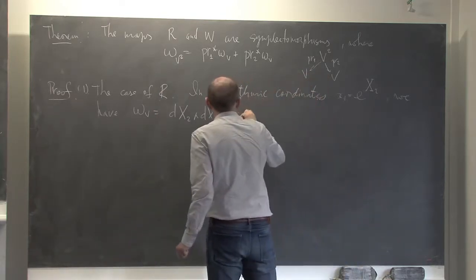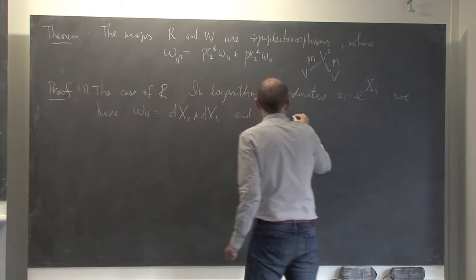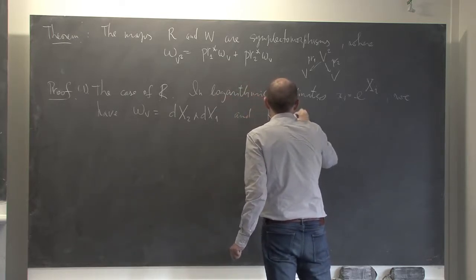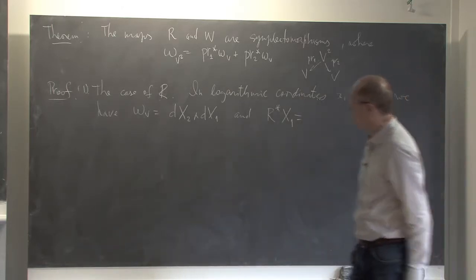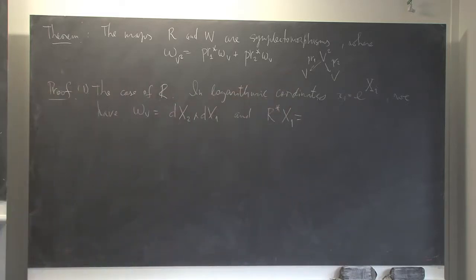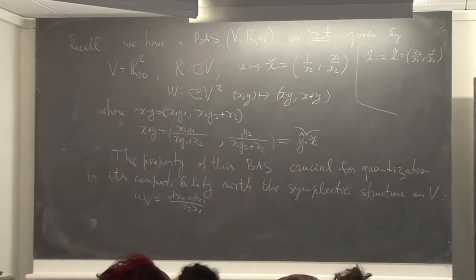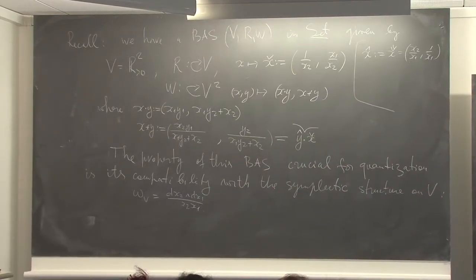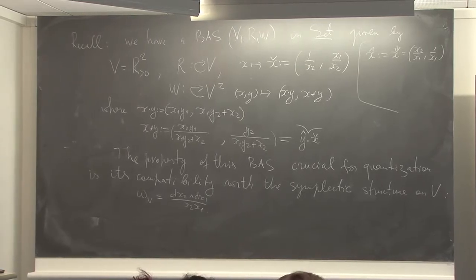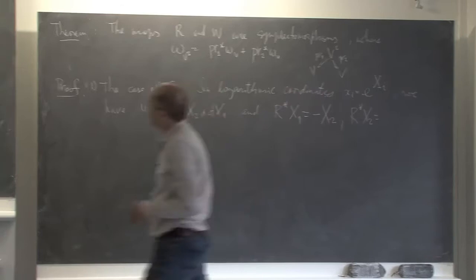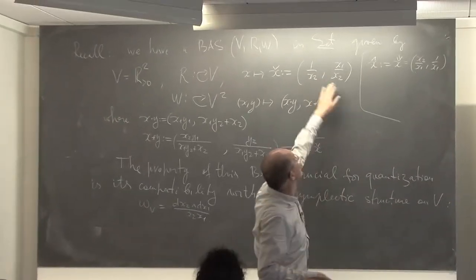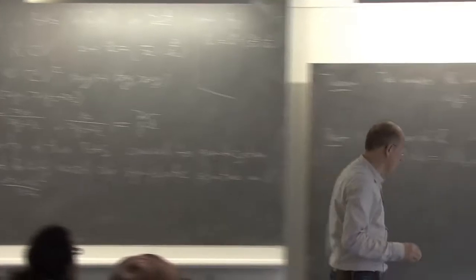And R star X1 is what? So we look at the definition of R. The first component in terms of initial coordinates is the inverse of x2. So in logarithmic terms, this will be minus X2. And R star applied to X2: we should take this fraction and look at its logarithm. It will be X1 minus X2.